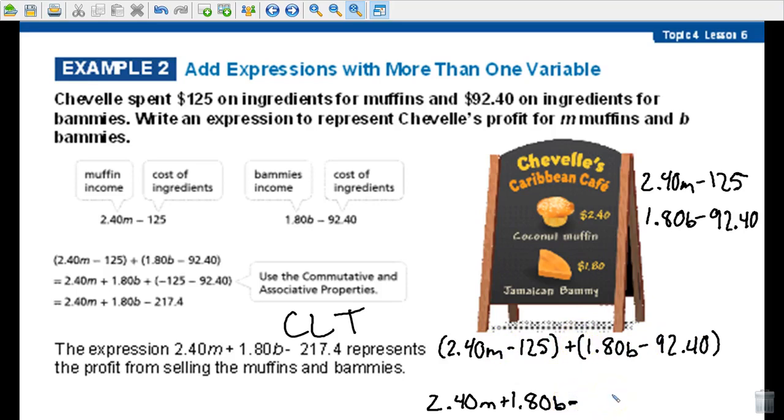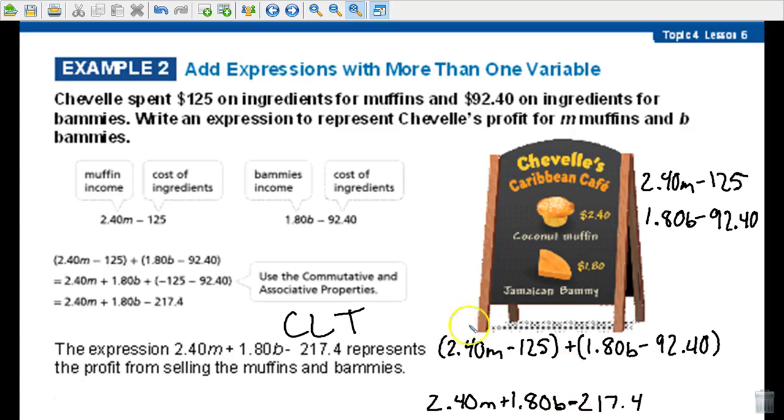So all you do is add 125 plus 92.40 and you get 217.4. Remember, it's minus 217.4 because they are both negative. Okay? We are adding them. Therefore, it stays negative.